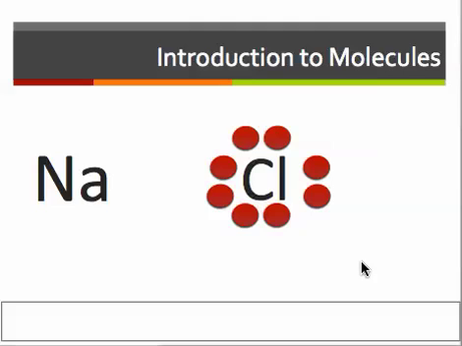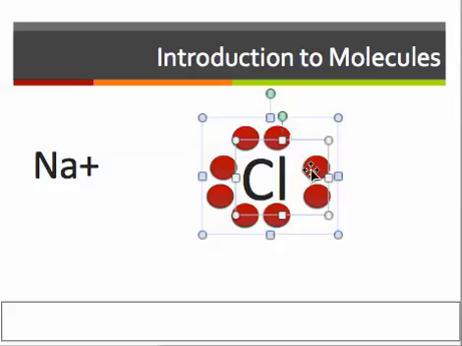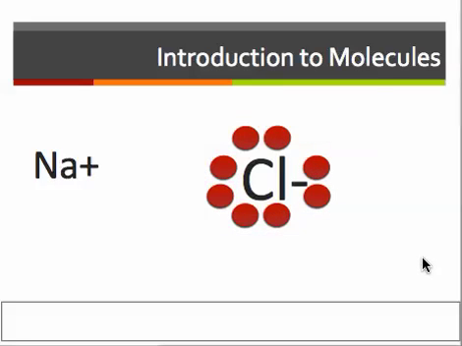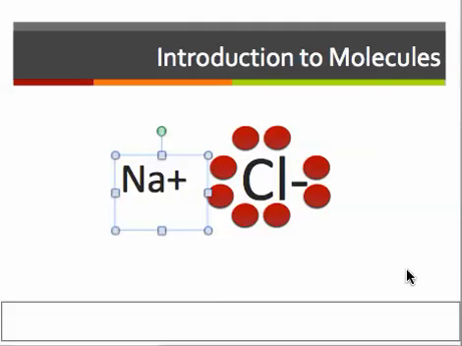This is a win-win situation. Sodium, since it has lost an electron, now becomes positively charged. Chlorine, since it gained one electron, now becomes negatively charged. And these two atoms now bond to one another. They are attracted to one another because of their opposite charge.